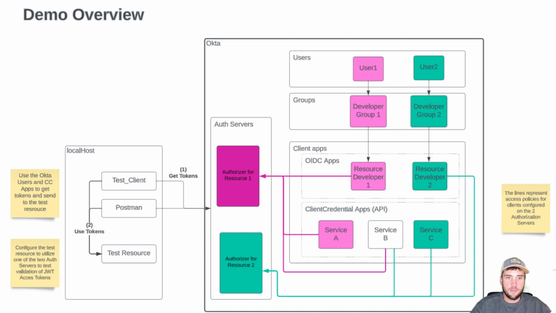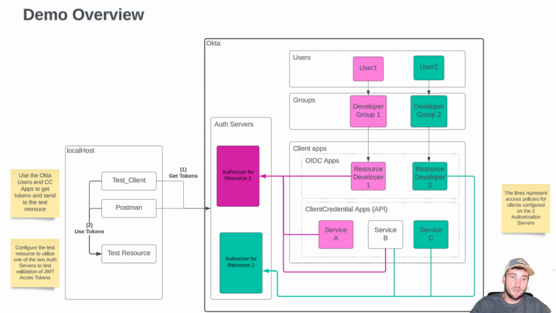We'll also set up 3 client applications. These will represent the microservices using the client credential flow. And we'll set up 2 authorization servers as well, which will have a mix of allowed clients. Once again, this is just so you can do some testing to see how one development group or one service may be able to get access tokens from one authorization server but not the other, and vice versa.